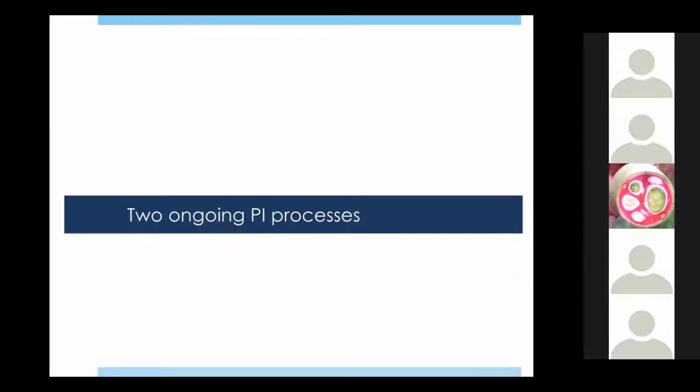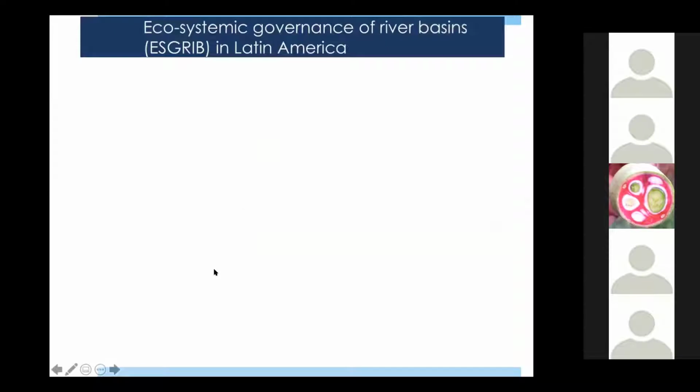Quickly, I show 2 ongoing PI processes. One of them is called Ecosystemic Governance of River Basins, SGRIB, the acronym, in Latin America. A hard fact: Earth is losing to erosion 12 million farmland hectares per year. This is a lot more than the total agricultural area we have in Chile, every year.